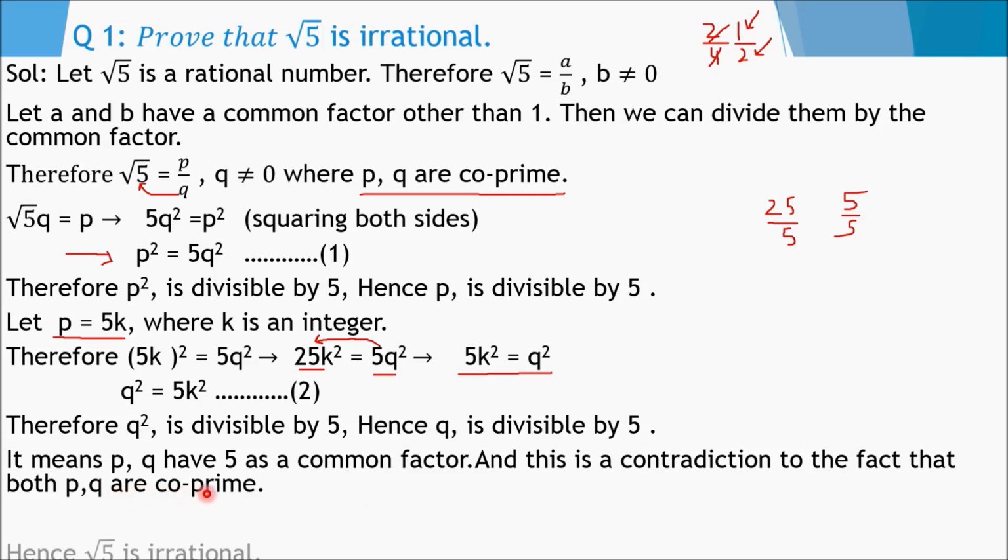It means what we assumed is wrong. What we had assumed, that square root of 5 is a rational number, our assumption is wrong. It means this square root of 5 is not rational, but it is irrational.